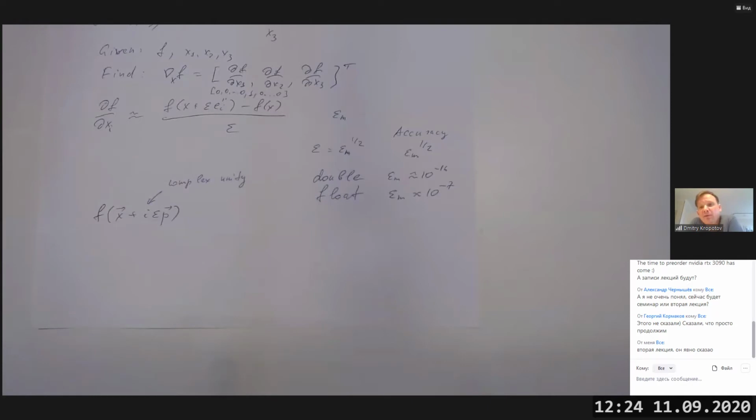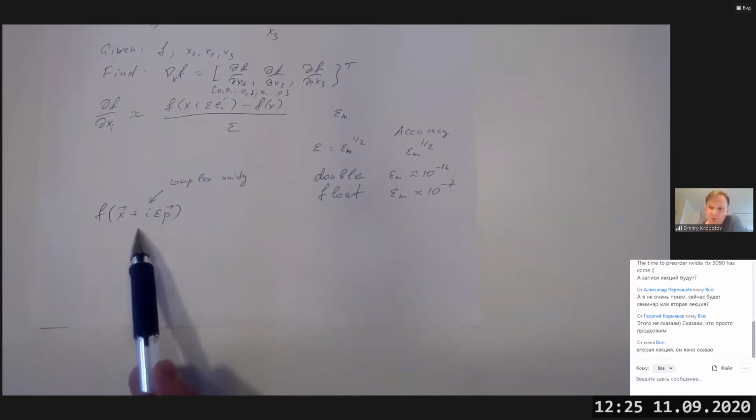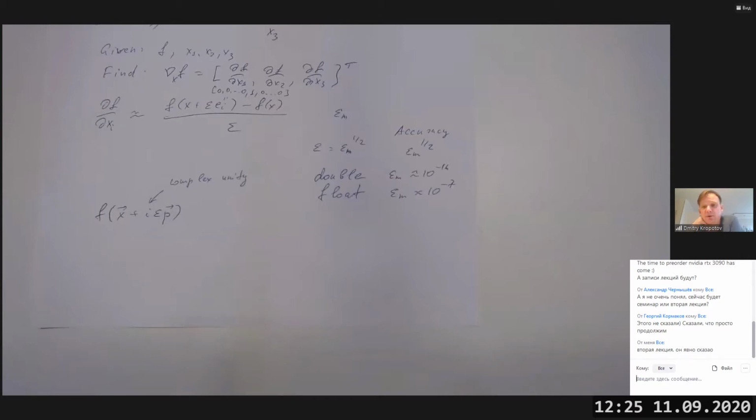And moreover, if you use a library like NumPy or PyTorch for organizing all the calculation, you don't need to think about how to do this complex extension at all, because you have an implementation of your function in standard functions like exponent, summation, subtraction, sine, cosine, etc. If you take as an input to your function a complex number, NumPy or PyTorch automatically interprets all the functions as their complex versions and calculates everything in complex numbers.